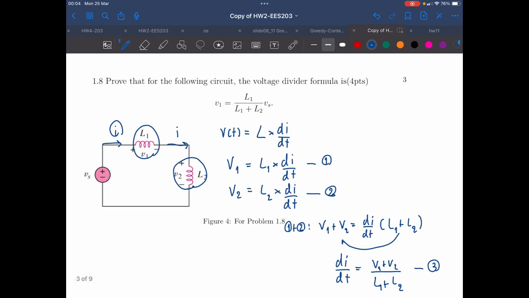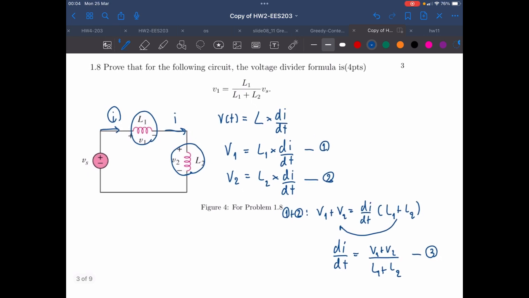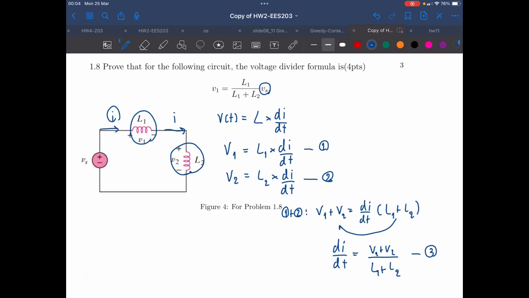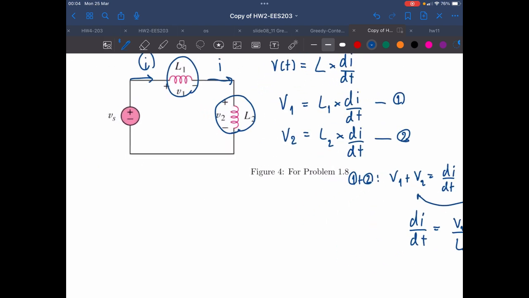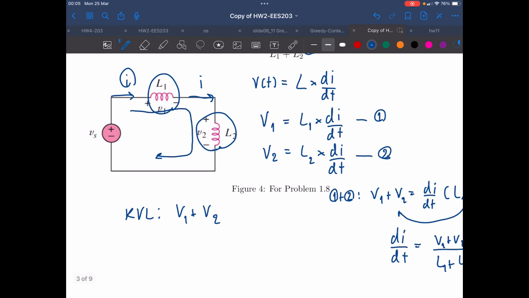So what we want to prove is the relation between V1 and V source. Now we need to refer to the concept of Kirchhoff's voltage law. So in this circuit, following the line along the circuit, we could get V1 plus V2 minus V source equals 0.